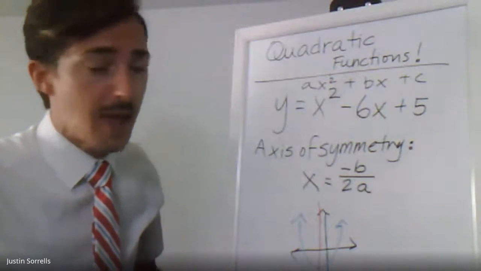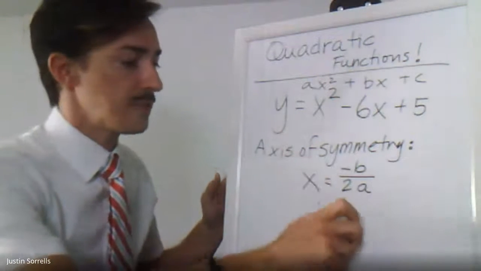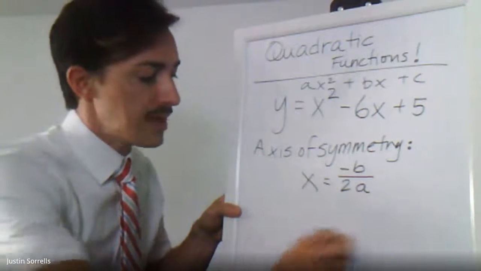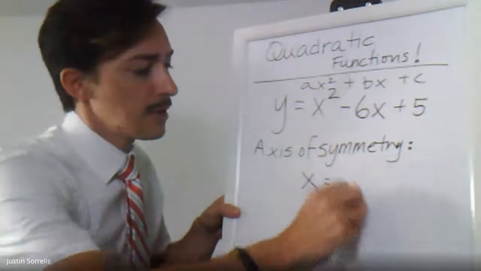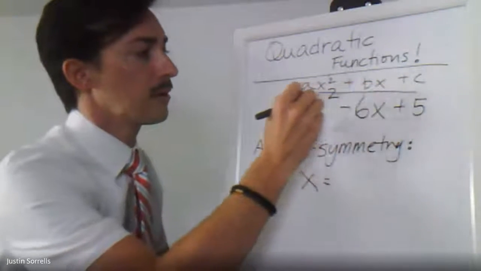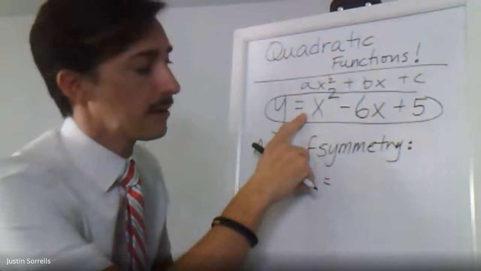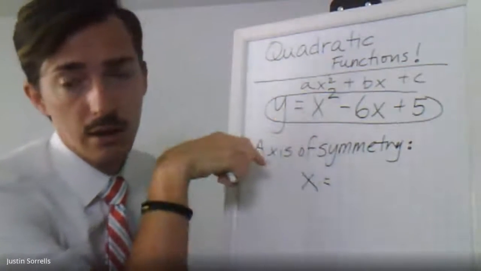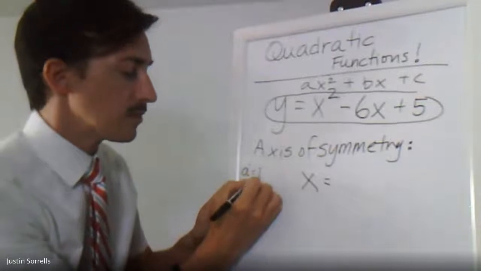All right, so now let's actually use the formula to figure out what that axis of symmetry is, what the equation is. From this example here, our a value equals 1. There's no number listed there, so a equals 1, okay? I'm going to write that over here, a equals 1.